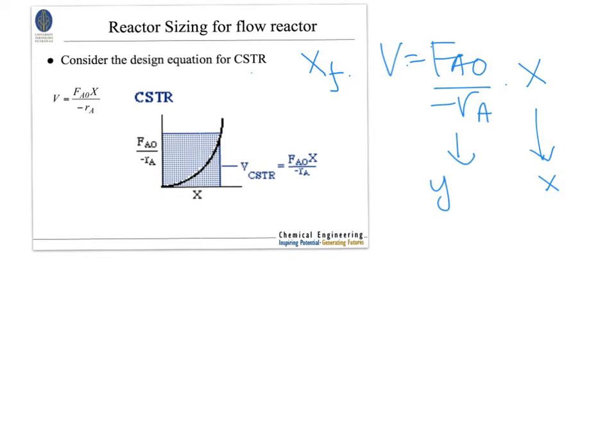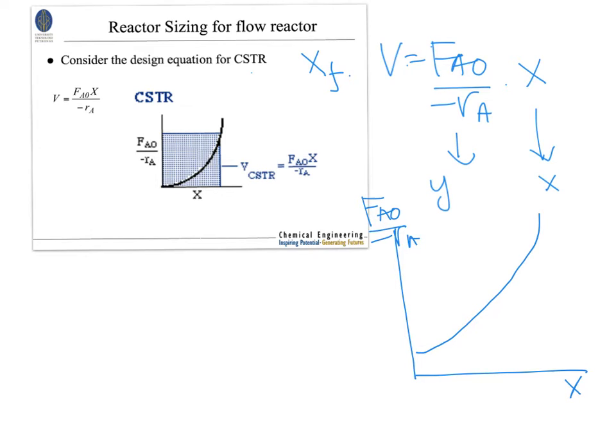Okay, so let's say you have this plot. You have FA0 over minus RA on y, and X on the x-axis. So your plot is something like this.